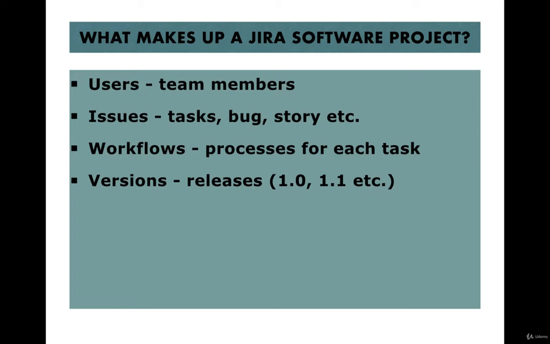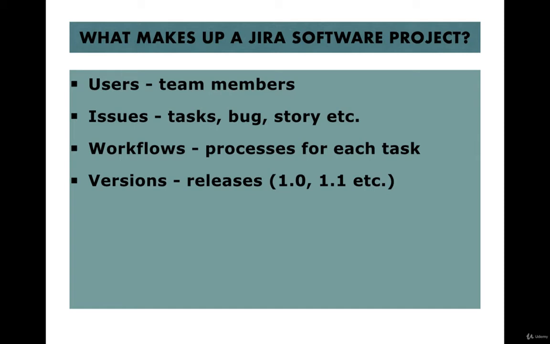Then comes the versions. In agile development methodology, the key thing is to release working software in incremental form and do releases pretty quickly. So versioning of the work that you have allocated for the next 1 or 2 months or 3 months is another component that is part of the Jira software project.